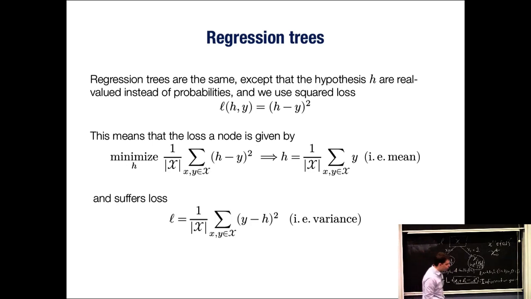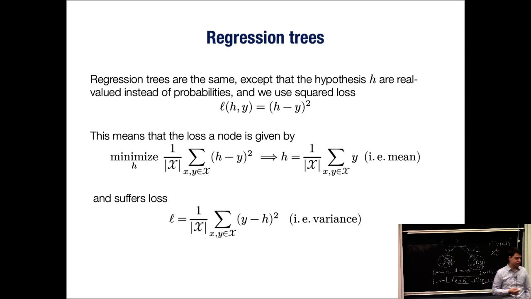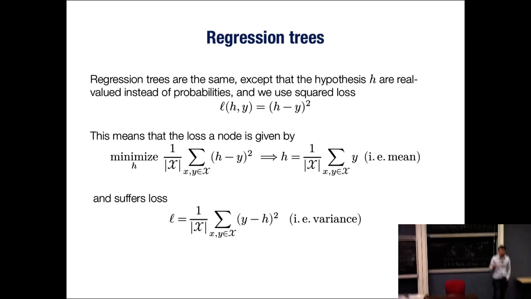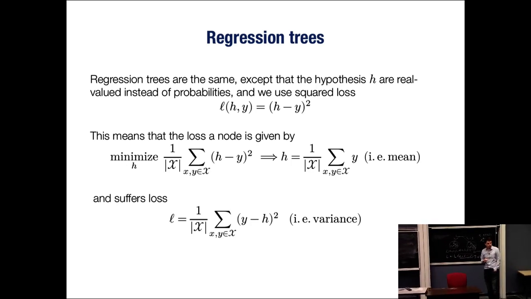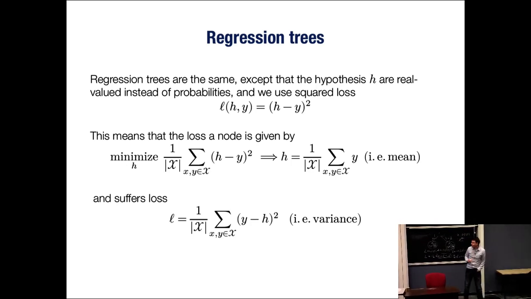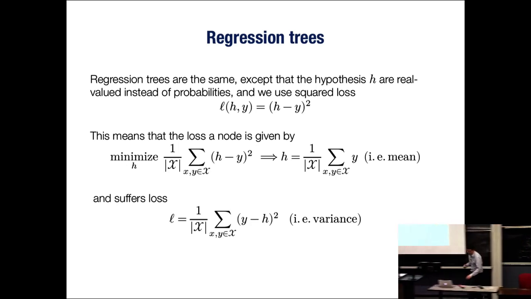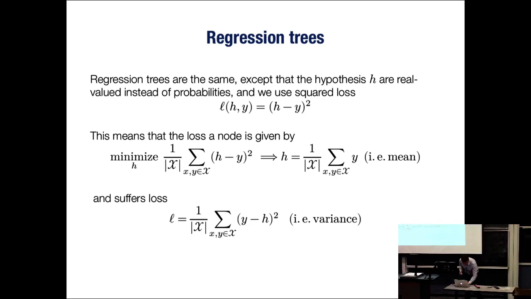Yeah, so before, with h, we had y being 0 or 1. And in some sense, the loss we suffered was the probability of observing the data under the assumption that it was generated according to some probability h. Here, h is just a number. And remember, going back to here, we have some region of the state space.